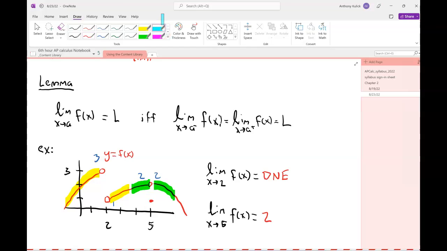Notice, though, that f of 5 isn't equal to 2. What is f of 5 equal to? 1. Right? So the limit does not necessarily have to agree with the value of the function. That'll happen specifically in cases like this where we have discontinuities.